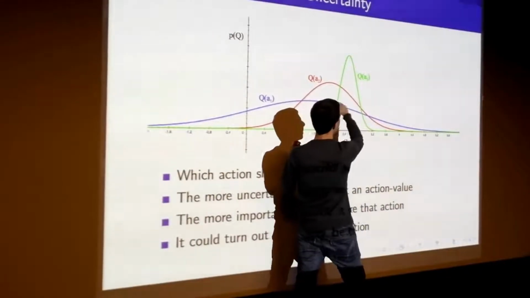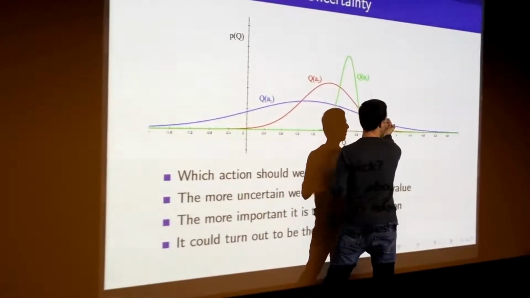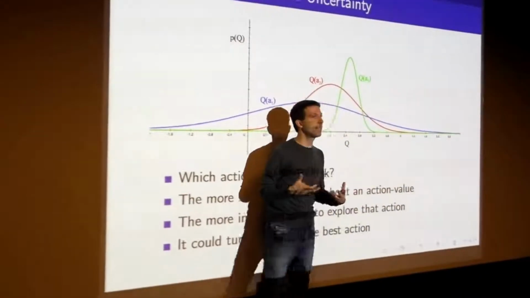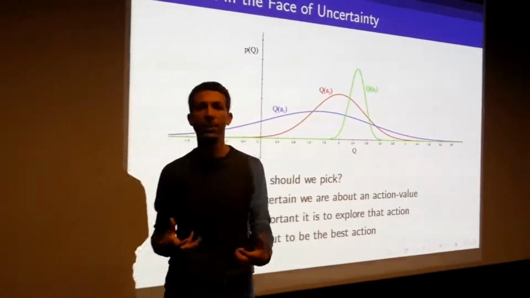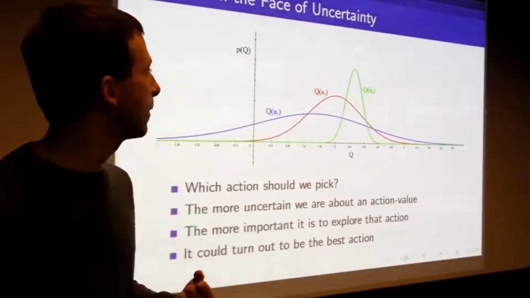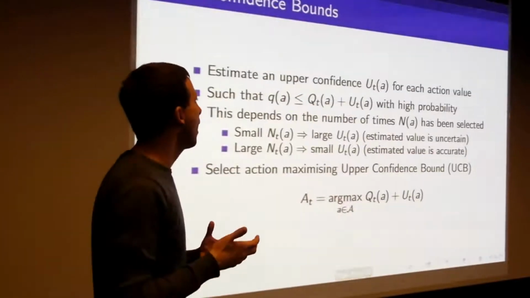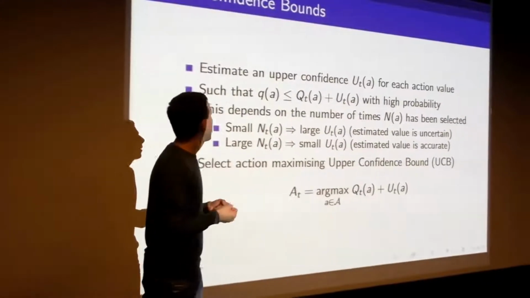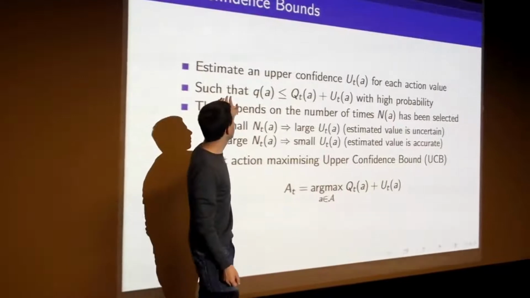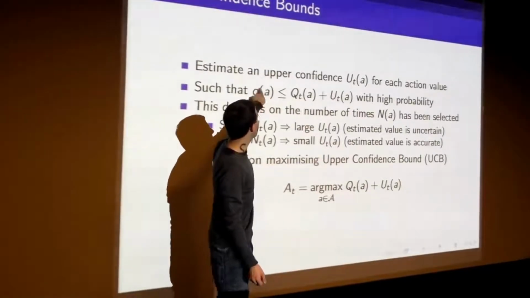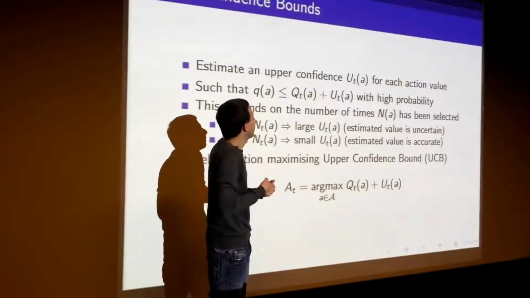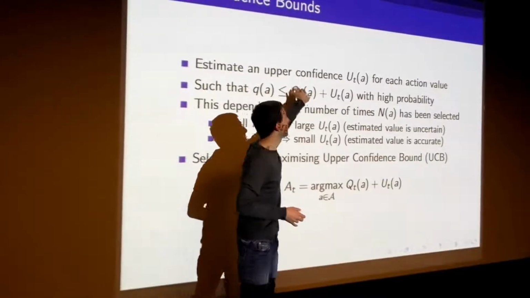And compared to this one, we might say a 95% confidence interval is here. We're going to use that as our U value. So think of them as high probability confidence intervals on what our Q value could possibly be. We're going to pick the thing with the highest upper confidence value. So that basically means we're going to pick the one where the true action value, Q(a), we want to pick something where we're really confident that the true value is less than our upper confidence bound.